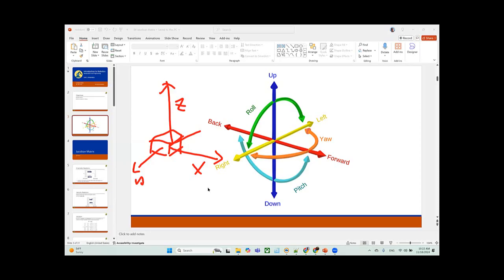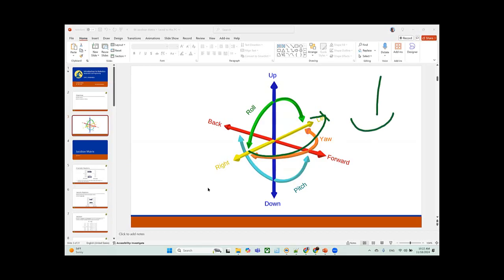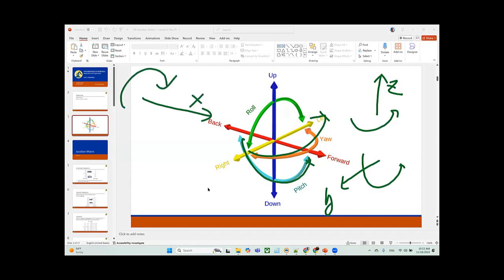Besides that, you also have the yaw, pitch, and roll. What does this mean? Yaw is rotating in this angle, so yaw is rotated along the z-axis. Pitch is rotating over the y-axis. And roll is rotating along your x-axis. So these are 3 rotation directions.